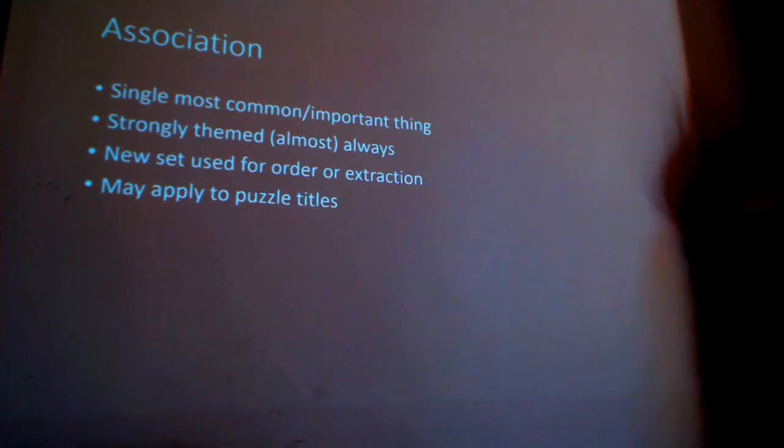They're almost always a thematic set of things that you were trying to match them to, whatever the theme of that meta is. The new thing that you get, it might be for an order, it might be for an extraction. It tends to fall out naturally once you have discovered that set. If we're at Mystery Hunt and you figured out what the set association is and you can't figure out how to keep going, don't worry, someone's going to be able to do it pretty quick. You've done the hard thing.